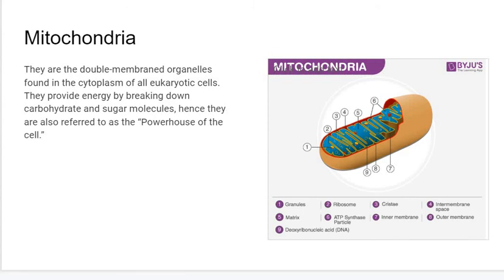Now I'll tell you about mitochondria. They are double membrane organelles found in the cytoplasm of all eukaryotic cells. They provide energy by breaking down carbohydrate and sugar molecules, and they are referred to as the powerhouse of the cell.